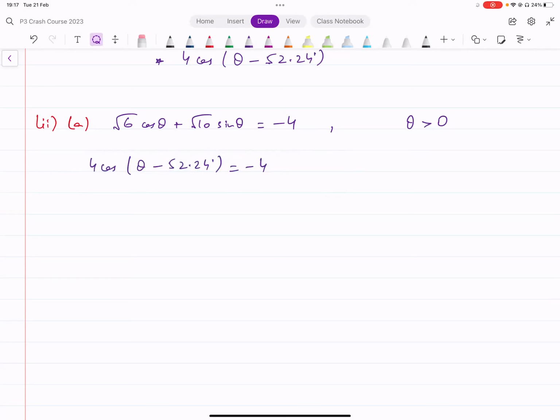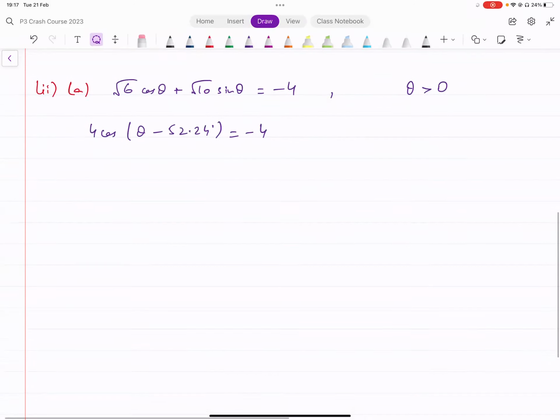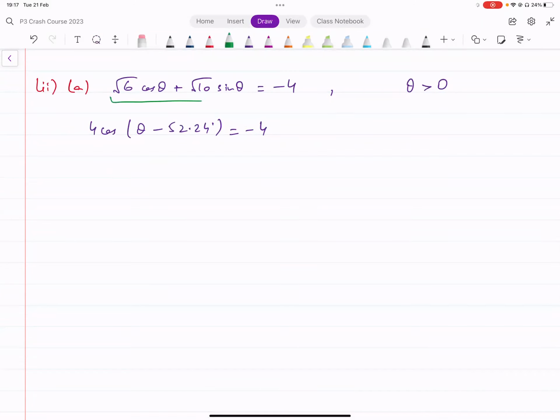We have converted this whole thing to a form like this. Now, let's take 4 to the other side. If we do that, it becomes cos of theta minus 52.24 equals minus 1.